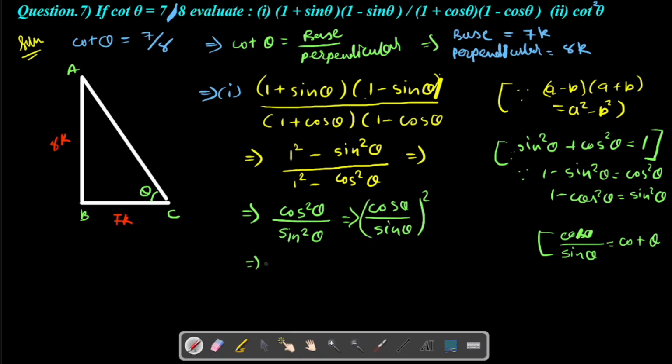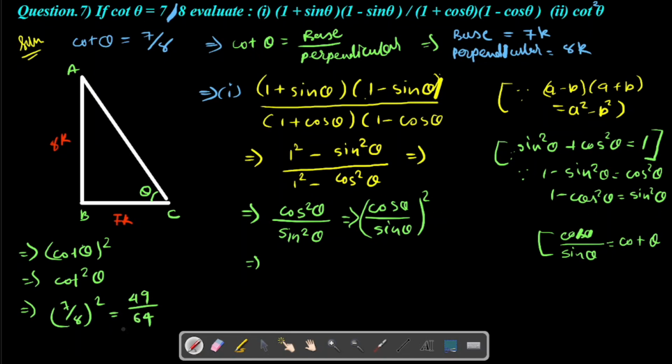Now we already know that cos theta upon sin theta is cot theta, whole square, which is cot square theta. And we already know the value of cot theta, so by putting the value of cot theta, which is 7 upon 8, whole square, it is equal to 49 upon 64.